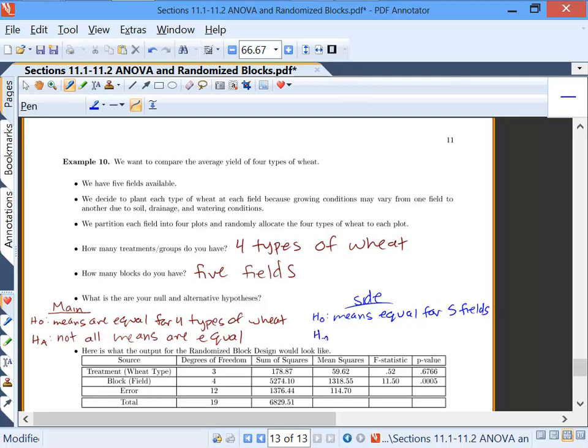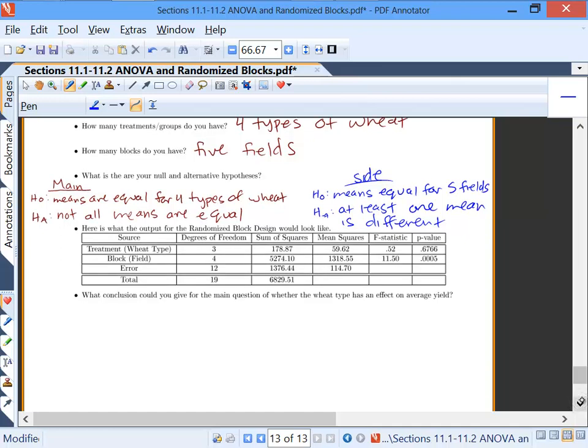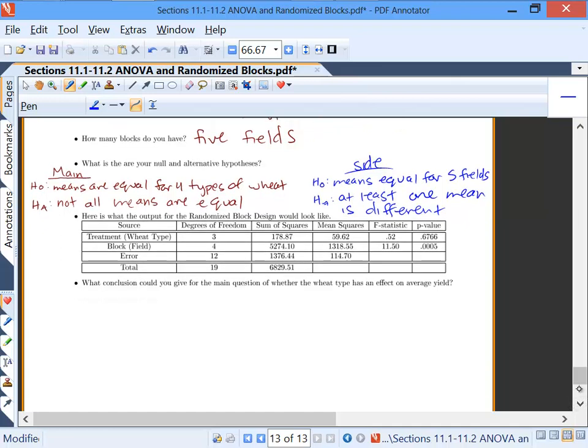And the alternative is that at least one mean is different. Okay, so we have 2 hypotheses, and luckily our table just gives the p-value for each one separately. It's very easy to use.